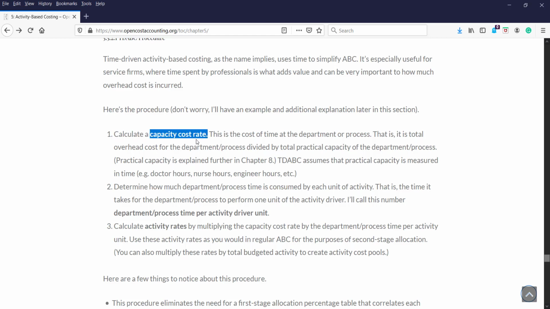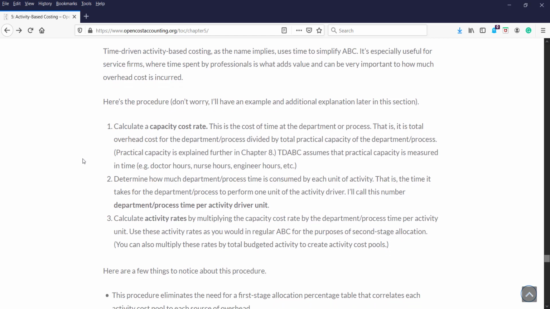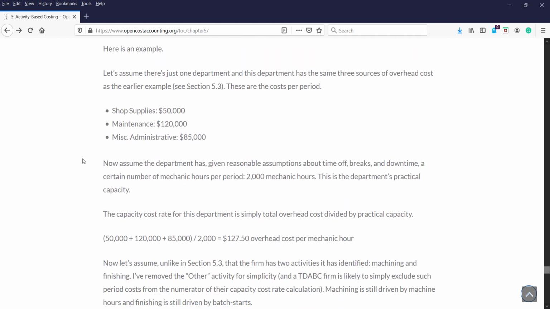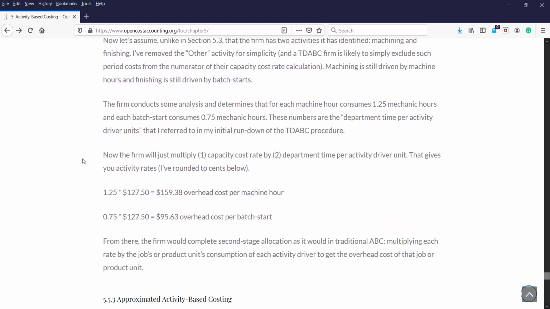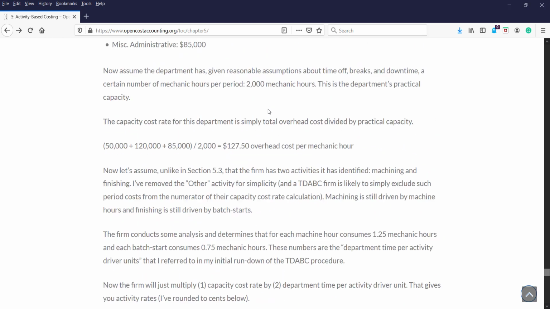This is our cost per unit of the capacity constraint, our overhead cost per unit of the capacity constraint. And now we're going to estimate how much of our constraint each of our activities or activity cost pools takes. And so we say that each machine hour that a unit consumes will consume 1.25 mechanic hours. Remember, mechanic hours was our constraint in our example.